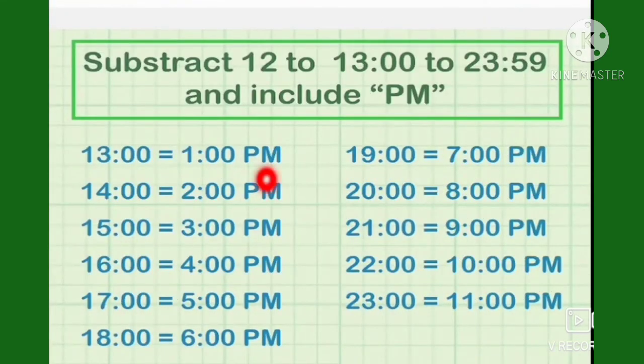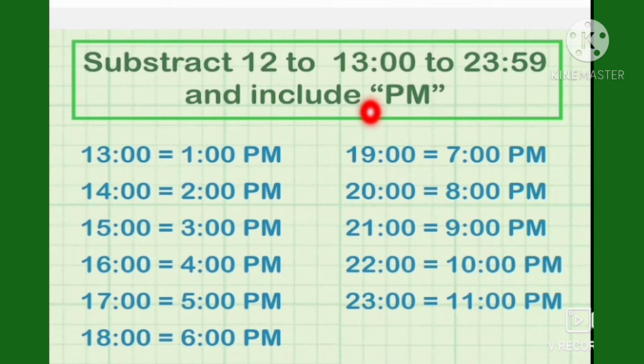The fourth note is: subtract 12 for 13 to 23:59 and include PM. So in the 24-hour clock, from 13 to 23:59 represents PM, that is afternoon, 1 o'clock to midnight 23:59.